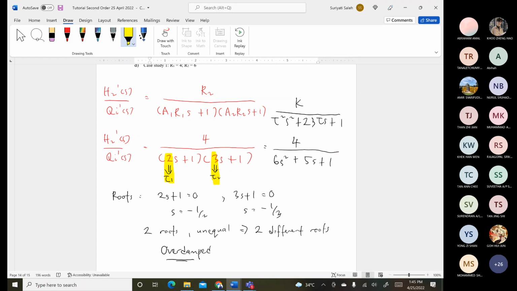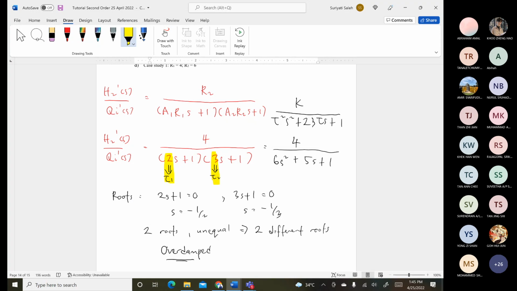Normally it is based on your order. It's okay to have 3 as tau 1, then 2 becomes your tau 2. If you mix up, it's still okay, as long as you locate it at the right place. Here I refer tau 1 equal to 2, tau 2 equal to 3. In your case, maybe you want tau 1 equal to 3, so automatically tau 2 equal to 2.